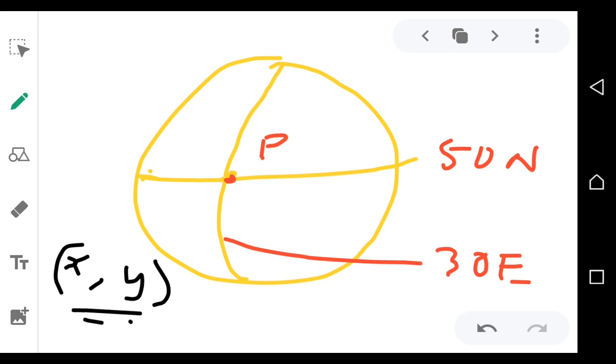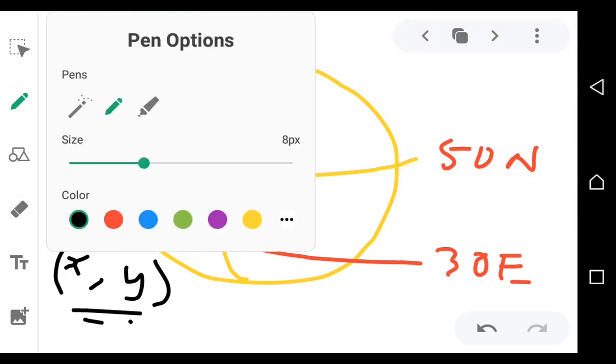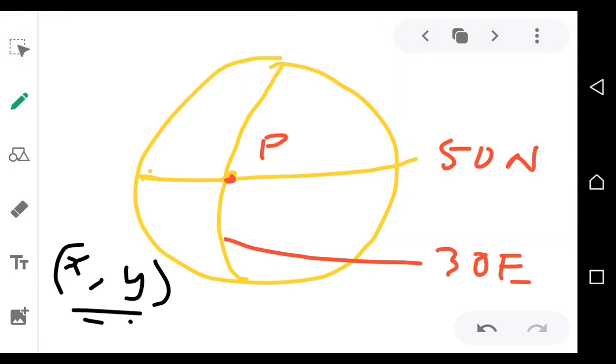Which one is the x direction? The x coordinate here is what? This line coming like this one is the x coordinate, because this is the x direction. So this line is the x coordinate, meaning it will be 50 degrees north, comma.